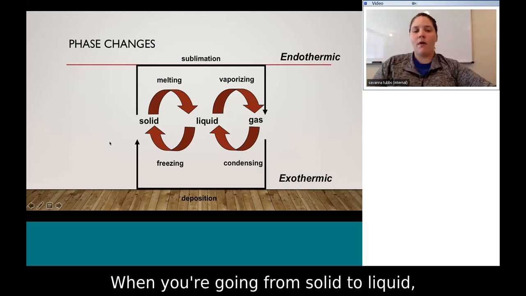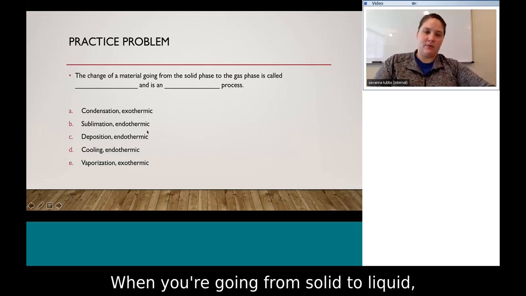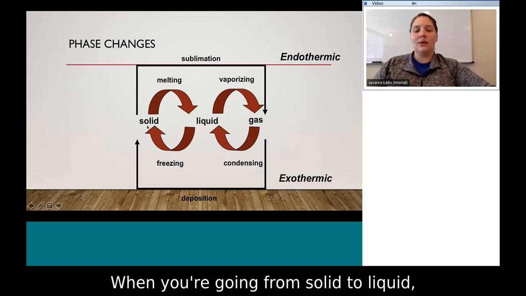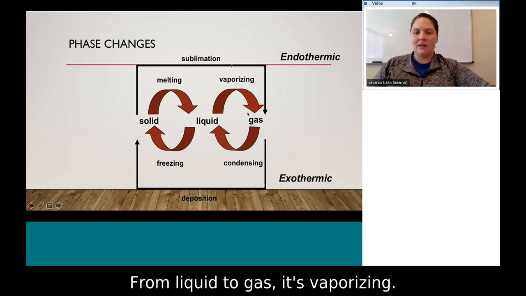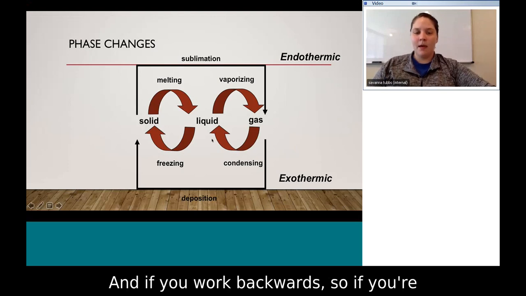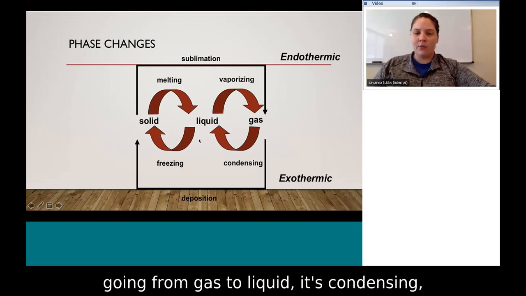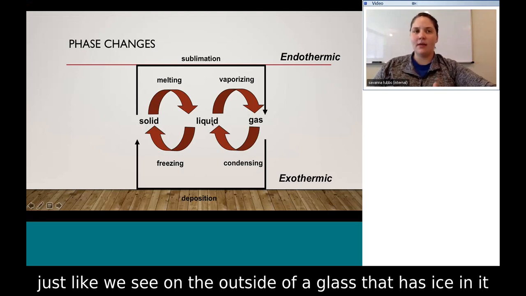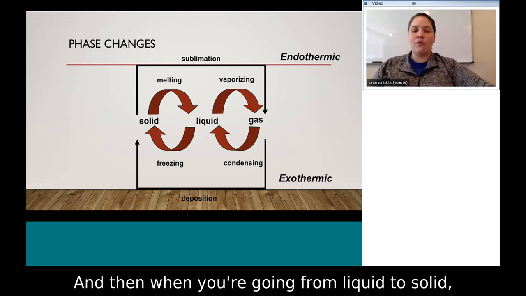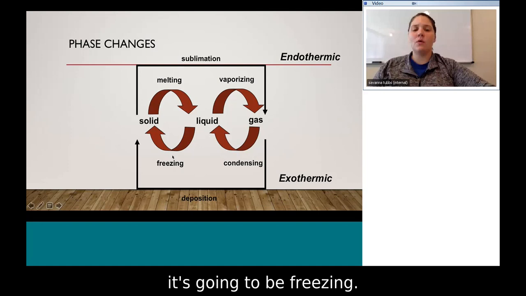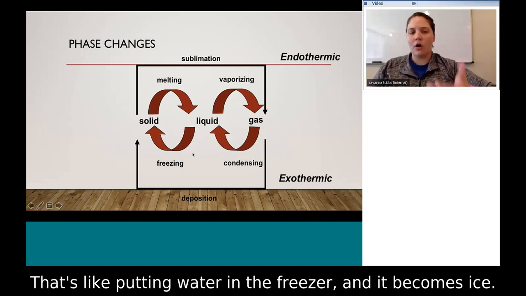When you're going from solid to liquid, it's going to be melting. From liquid to gas, it's vaporizing. And if you work backwards, going from gas to liquid, it's condensing, just like we see on the outside of a glass that has ice in it on a hot day. And when you're going from liquid to solid, it's going to be freezing. That's like putting water in the freezer and it becomes ice.